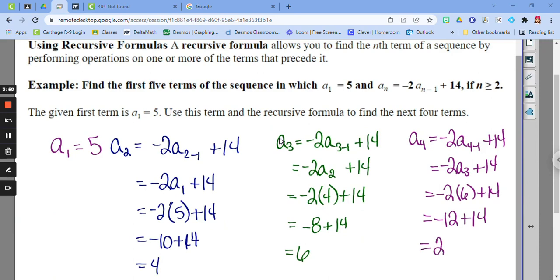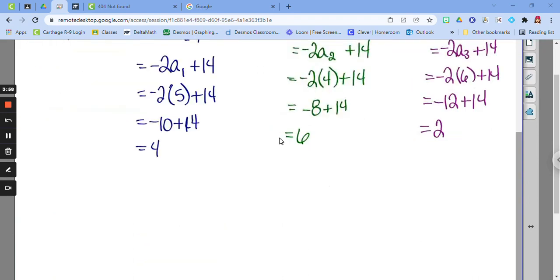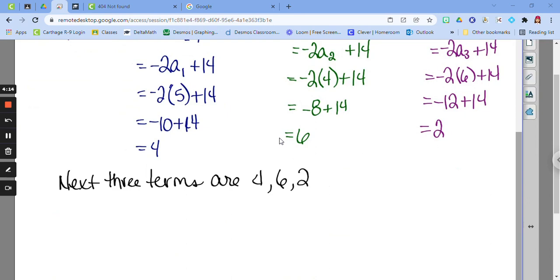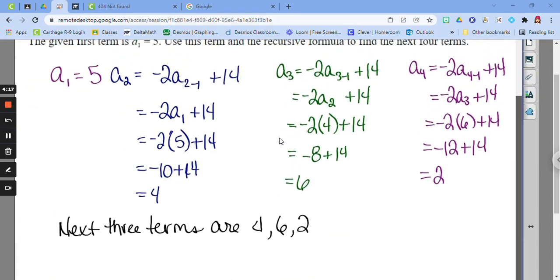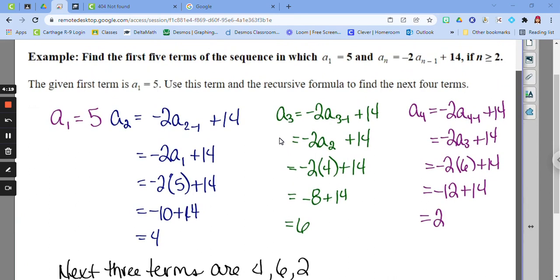So the next 3 terms in the sequence are 4, 6, and 2. Again, don't get lost in the a sub n minus 1, because what I'm doing is -2 times the previous term plus 14.